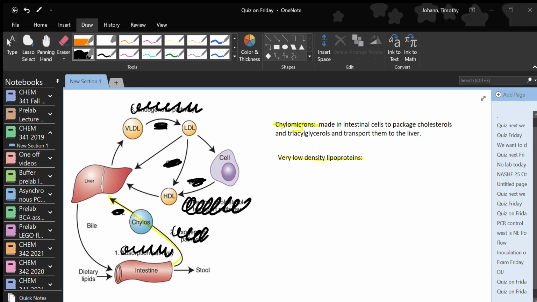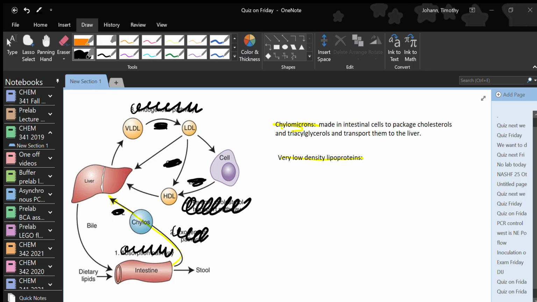But this is about lipid delivery in the body. So we've moved on in our big diagram. This fatty acid would not be in there at all. So the big overall diagram for metabolism, this is about shipping things around in your blood. So good questions. Thank you for asking me to clarify.